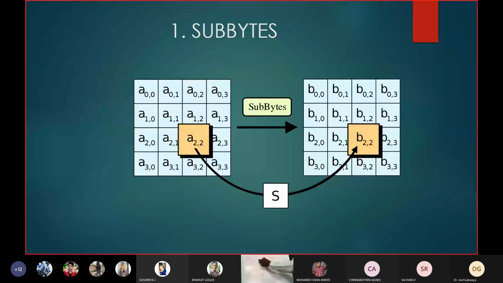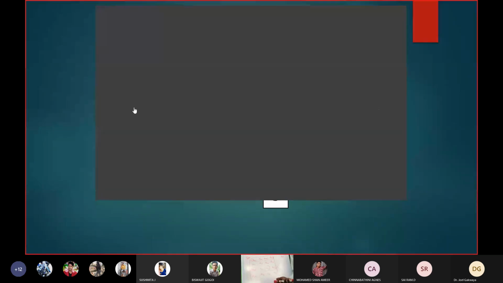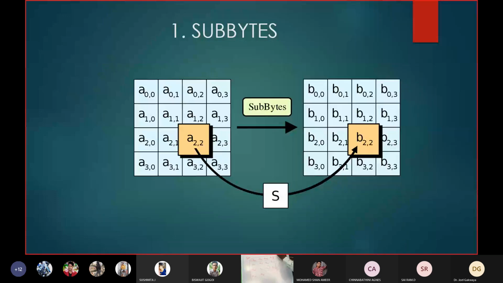A22 is going to be B22. Where A22 is located, in the next stage it is going to be the second byte B22. So it is going to do the substitution in the state units.